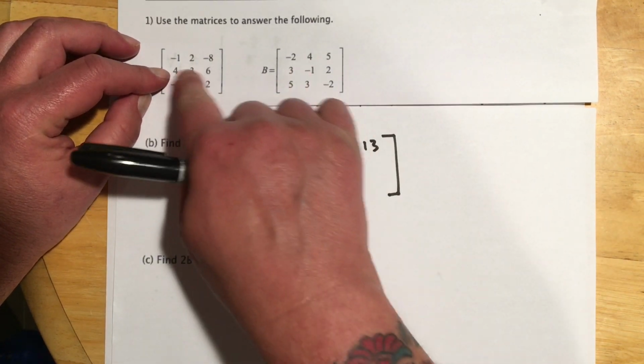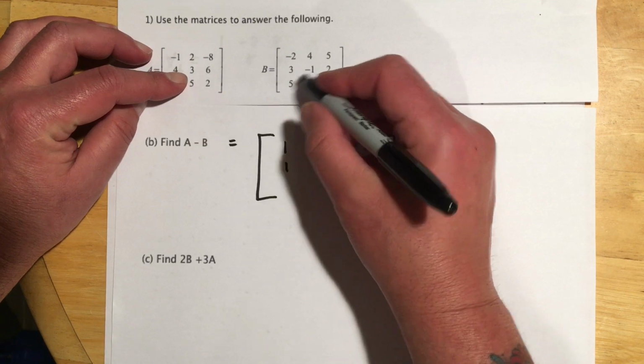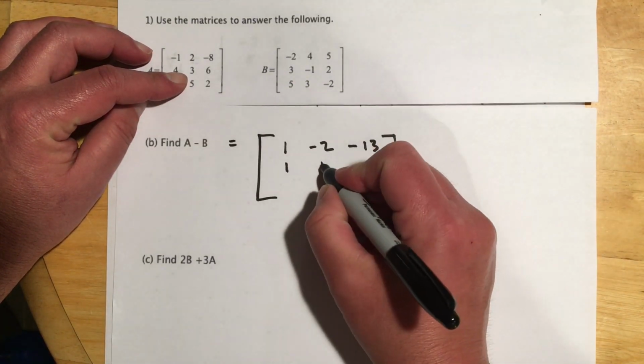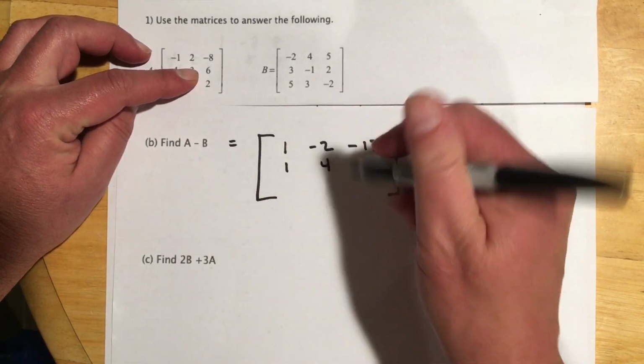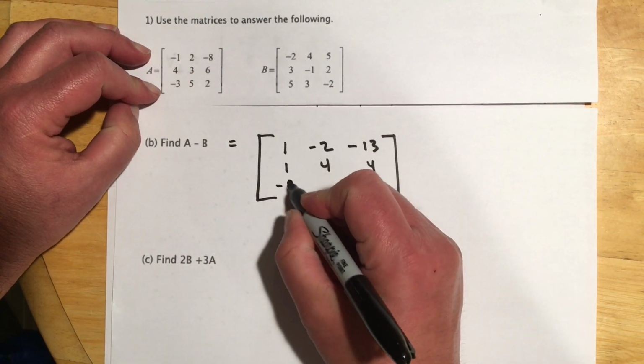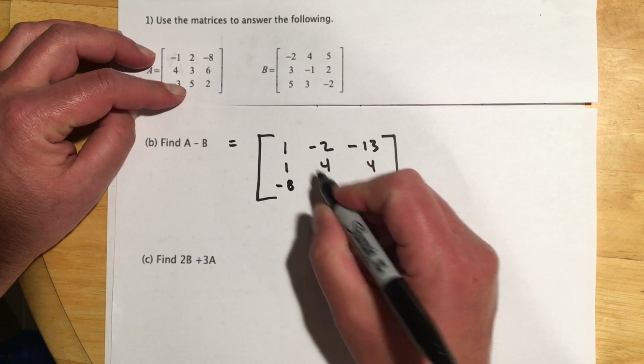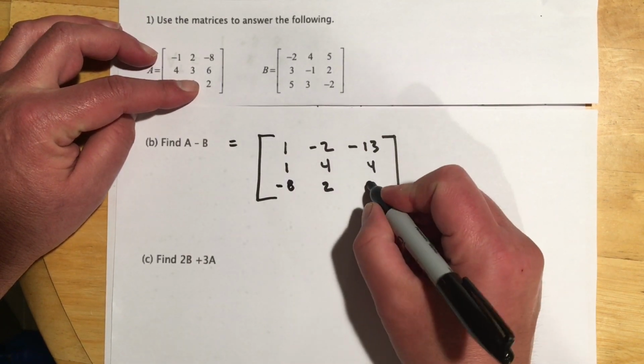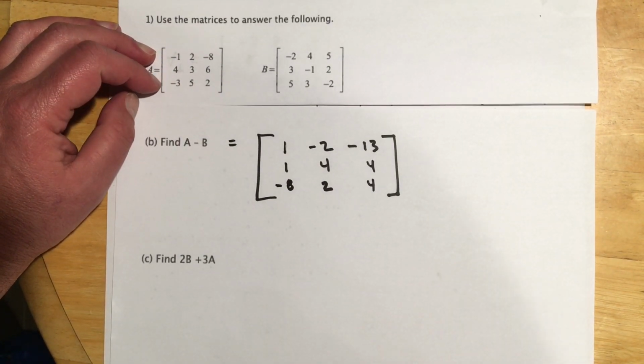And then second row, 4 minus 3 would be 1. 3 minus -1 would be 3 plus 1, or 4. 6 minus 2, 4. And -3 minus 5 would be -8. 5 minus 3 is 2. 2 minus a -2 would be a positive 4.